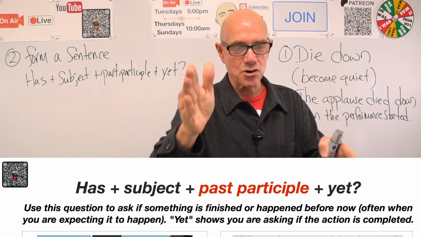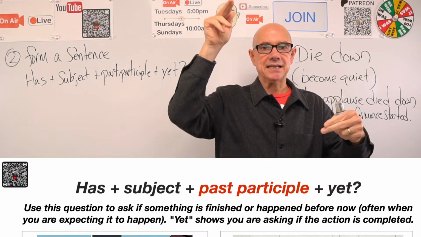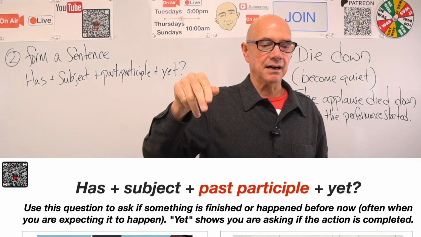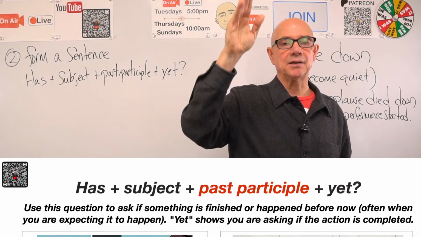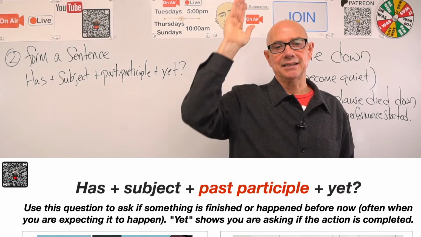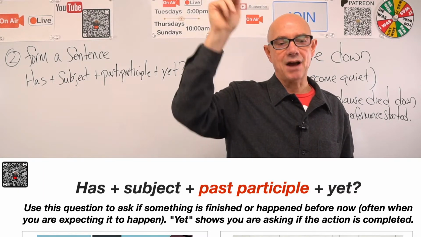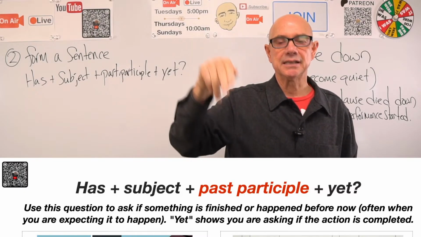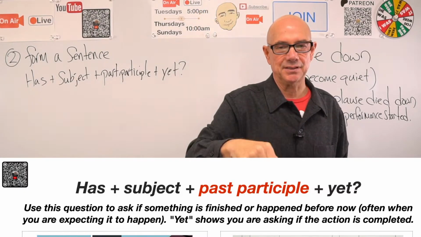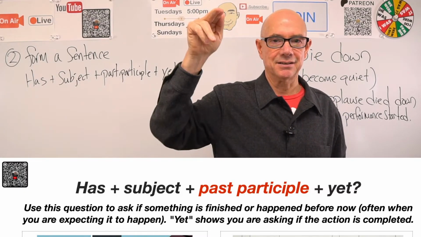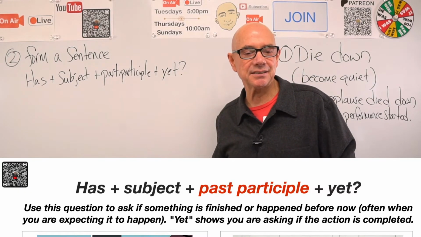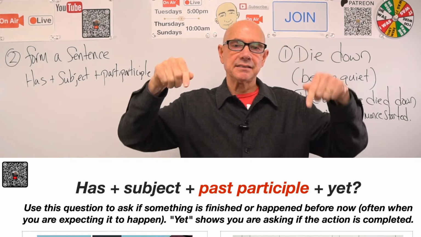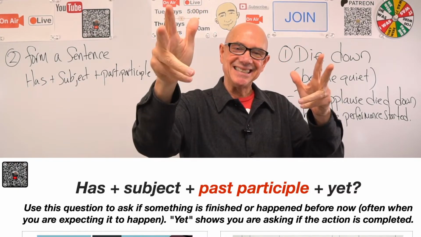So we're confirming if he is here yet. Yet shows you are asking if the action is completed, right? Is it done? Has he arrived? Is he in the building? Is he in the office? Is he here now? Okay, so let's look at some example sentences.